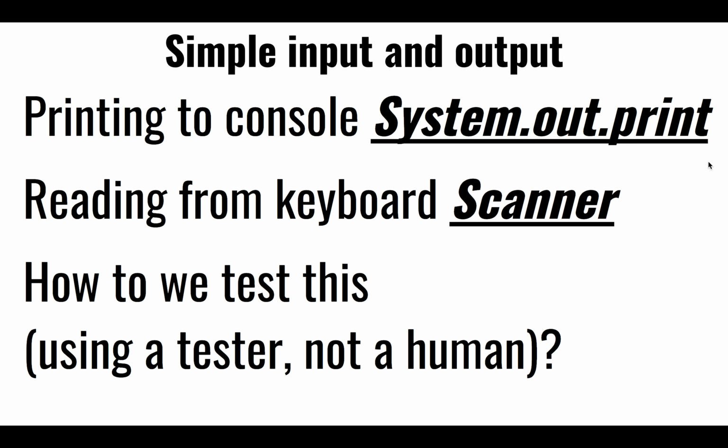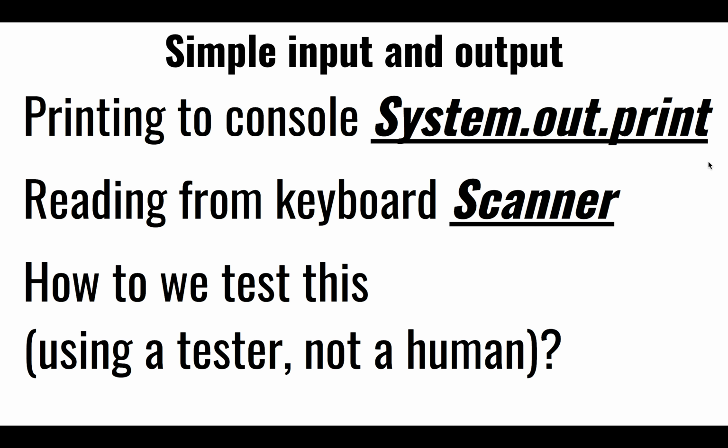Humans are needed to run this, to interact with the controller, and that's going to be a challenge that we need to deal with, because when you're going to test this, you can't rely on an actual human being there typing and reading. Humans are very slow. We would like to be able to run hundreds, thousands of automated tests without the need of human interaction.